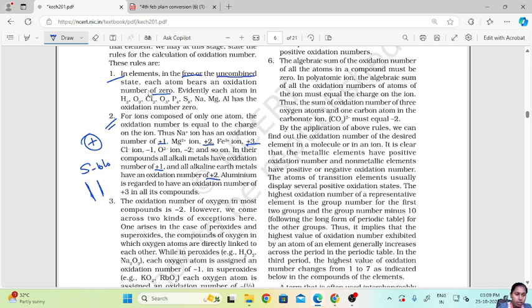The first one is the alkali metals and the second one is the alkaline earth metals. For alkali metals it is always +1, and for alkaline earth metals it is +2. Aluminium is regarded as having an oxidation number of +3 in all its compounds.